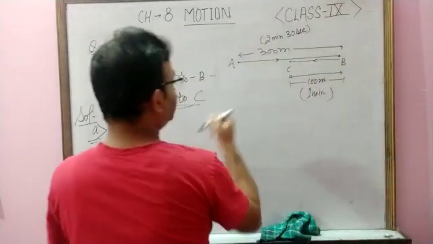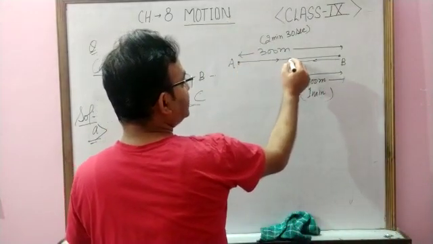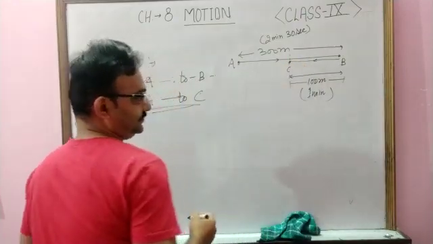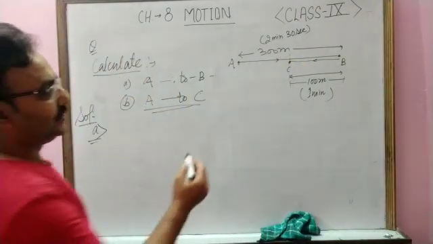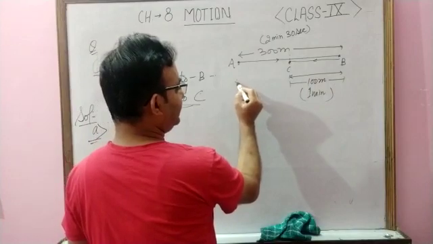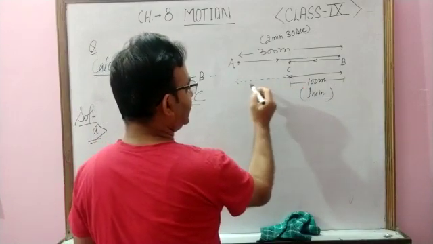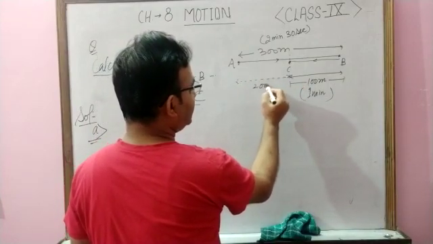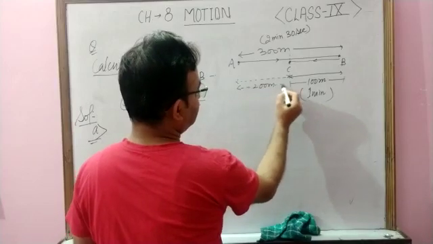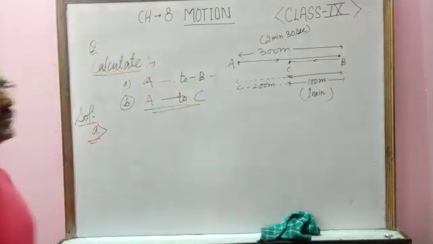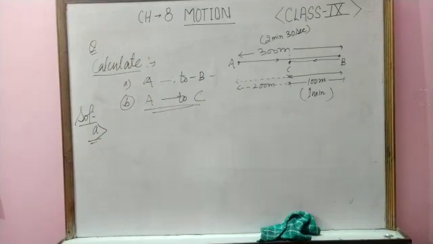This is the initial position and this is the final position. The remaining distance is 200 meters.